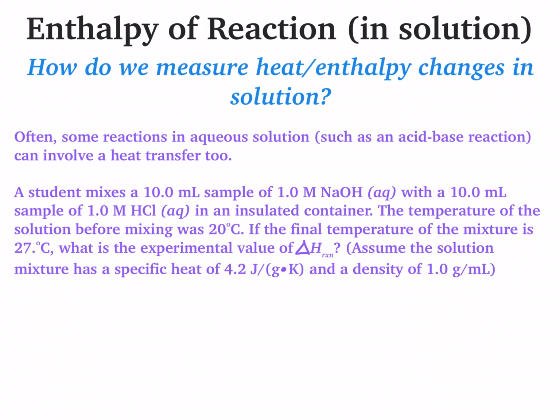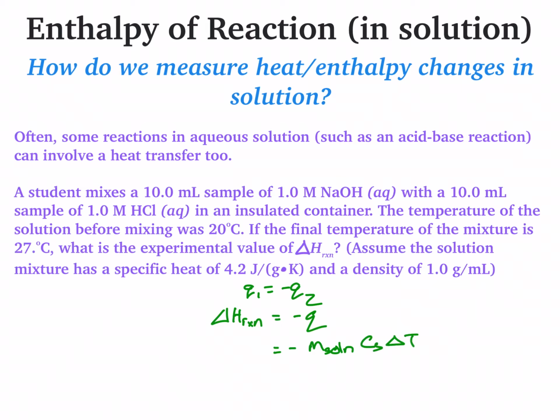Very similarly to what we did on the other page, we have Q1 equals negative Q2, or in other words, in this case, delta H of reaction is equal to negative Q. We're measuring the enthalpy change of this reaction that happens. With this, what I'm going to do is plug in a mass amount for the solution that is based on the density value there.